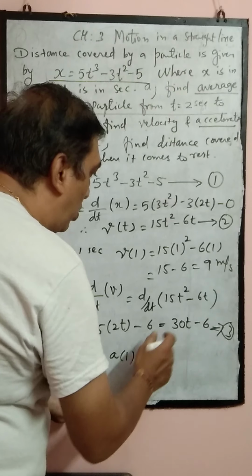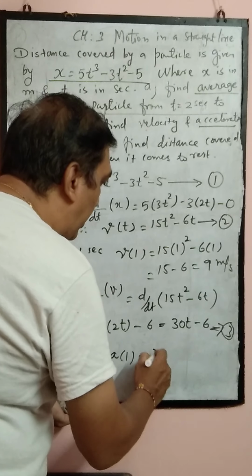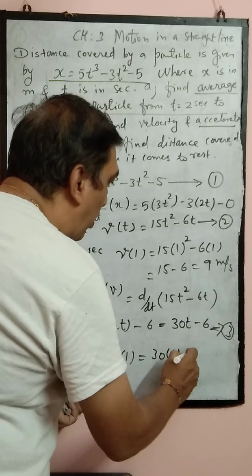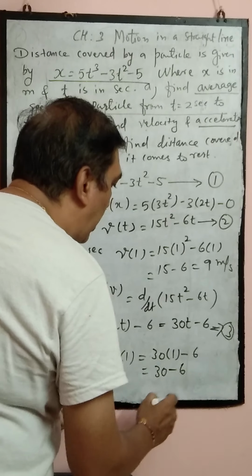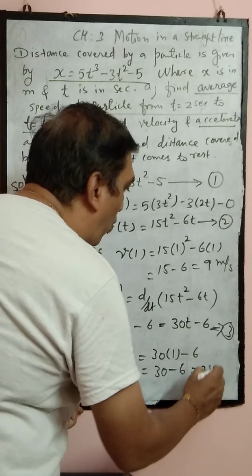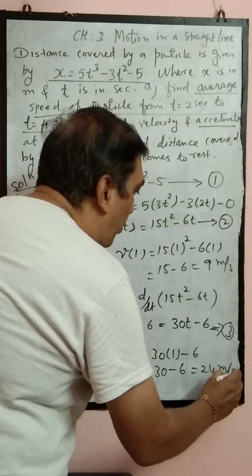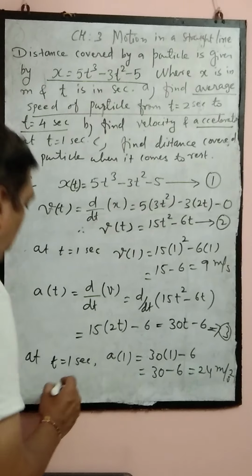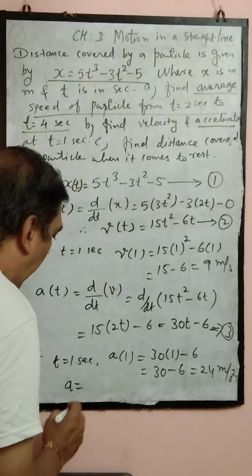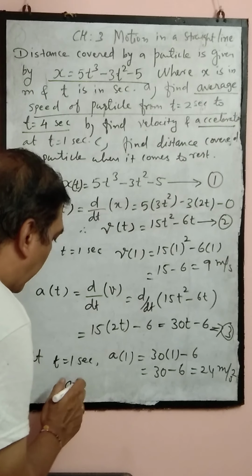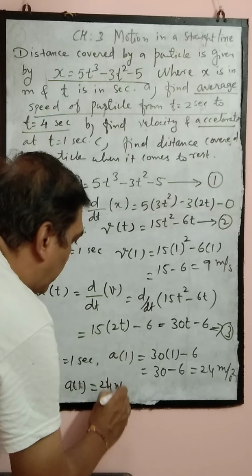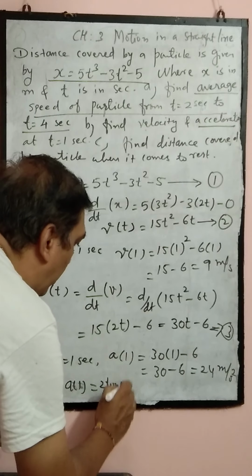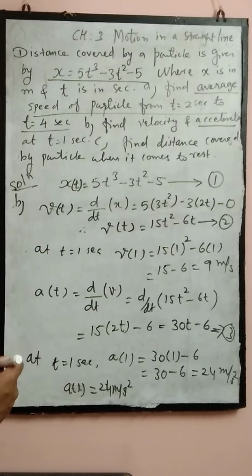So a equal to 30 into 1 minus 6, which is 30 minus 6, that is equal to 24. 24 what? The unit will be meter per second square. So the acceleration at 1 second is equal to 24 meter per second square, right? This is the way you can solve the second question.